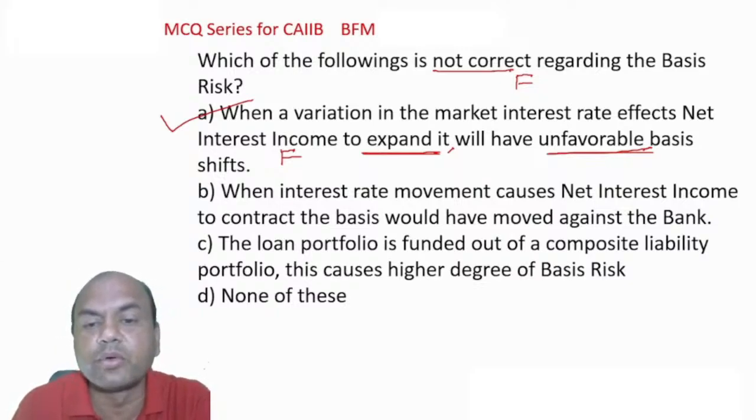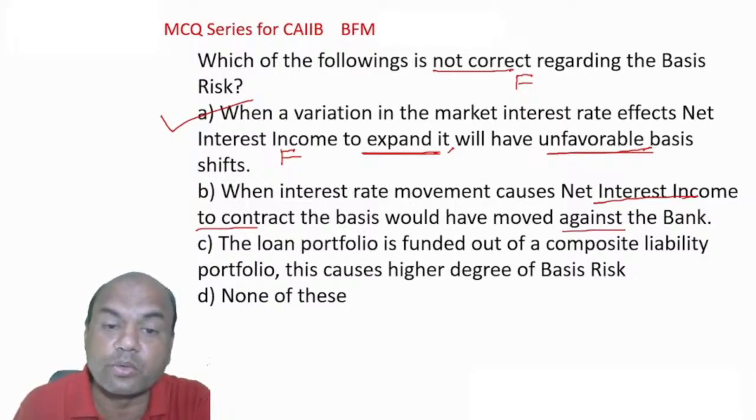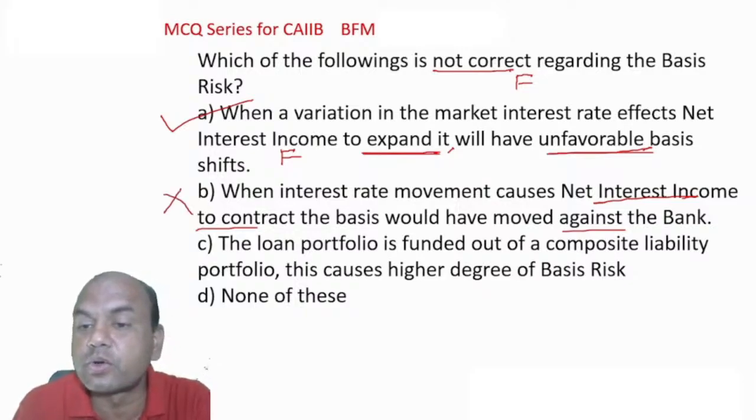When the interest rate movement causes net interest income to contract, the basis would be moved against the bank. Contract means it is against me, unfavorable to me. So that's why B is true. So this is not the answer. We want false. This is true. The loan portfolio is funded out of a composite liability portfolio.